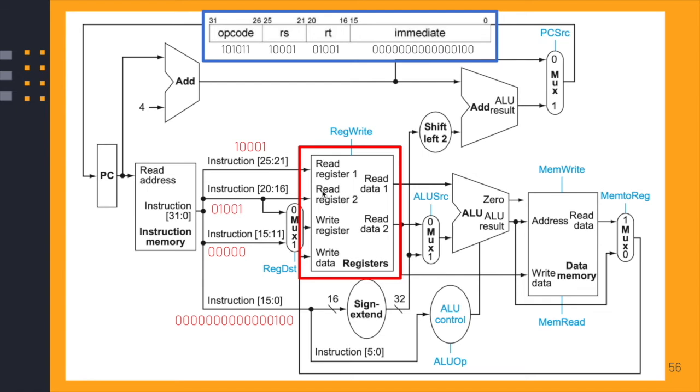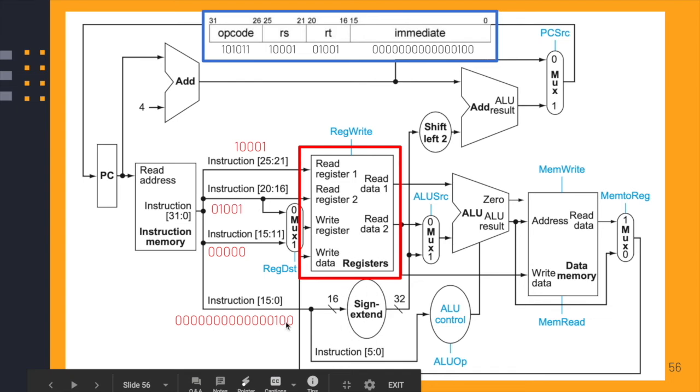So here at the read register 2 line, we have the register number of RT, and in the register file we will retrieve the value of register RT and output it in read data 2. So in read data 1, we got the value of register RS, which contains the base address. On read data 2, we retrieved the value of register RT, which contains the data we want to store to the data memory. Okay, and we here have the sign extend module, which takes the immediate value and extends it from 16 bits to 32 bits.